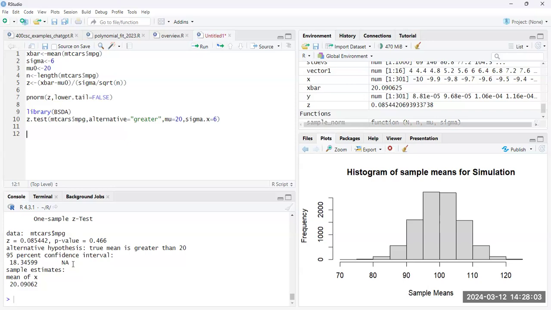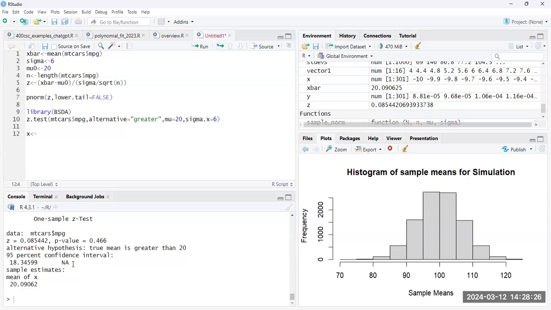So for this one, we're going to look at the vs column, or we could use the am column in this data set, because those are 0, 1 variables, which basically means they're yes, no's, success and failure type of variables. So I'm going to use the vs column.